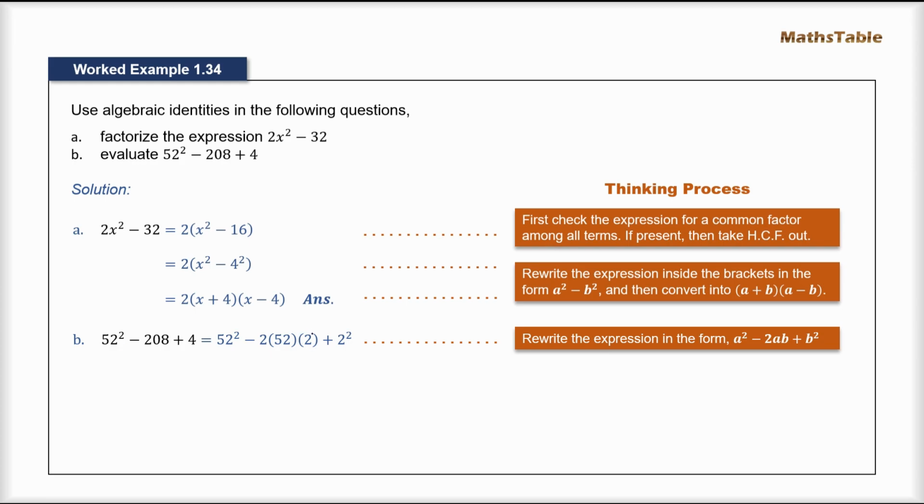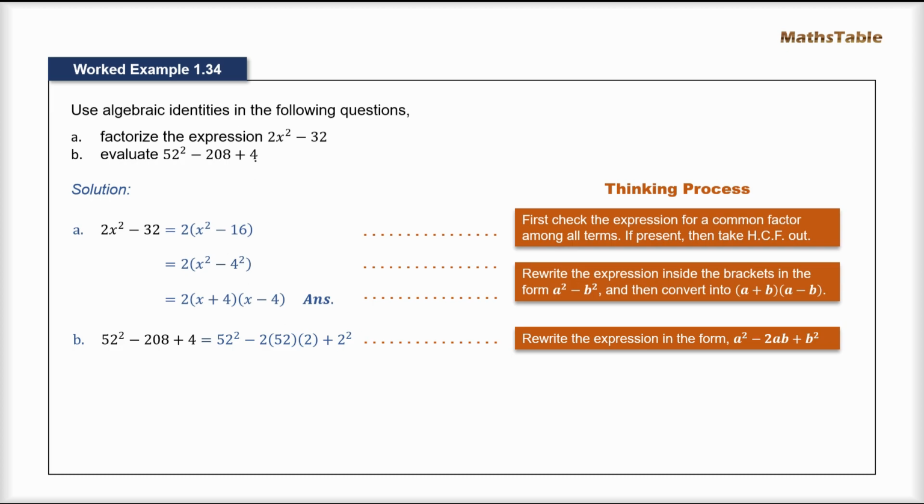And hence from this middle term, we can see that the second number was b, so we should add 2 square in the end. And we can also check that from the last term 4, 4 was also a perfect square of 2.